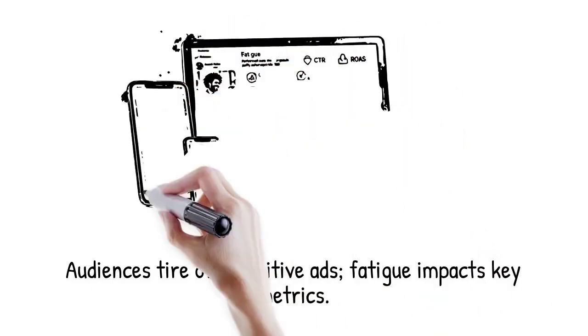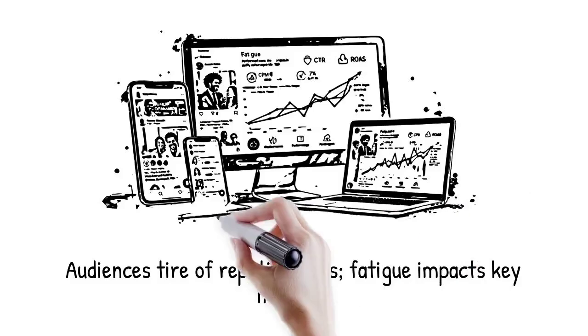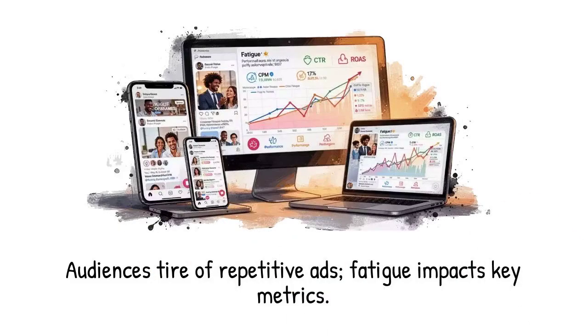They get tired of seeing the same ad again and again. And when fatigue hits, everything breaks. CPM rises, CTR drops, CPC increases, ROAS collapses, scaling stops. This section teaches you how to prevent fatigue, maintain stability, and keep your lookalike campaigns profitable long-term.